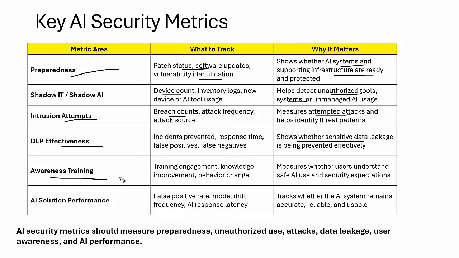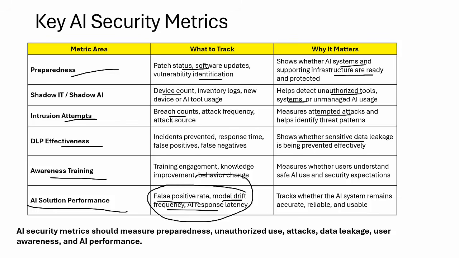Awareness training: the percentage of people who have completed the sessions and the percentage who have reported incidents. The ultimate way to measure awareness training is the percentage of people reporting incidents and the number of incident violations being reduced. And AI solution performance, we can track by reduced false rate and model drift frequency. This is very, very important for the exam. By this, you can track whether the AI system remains accurate, reliable and usable.